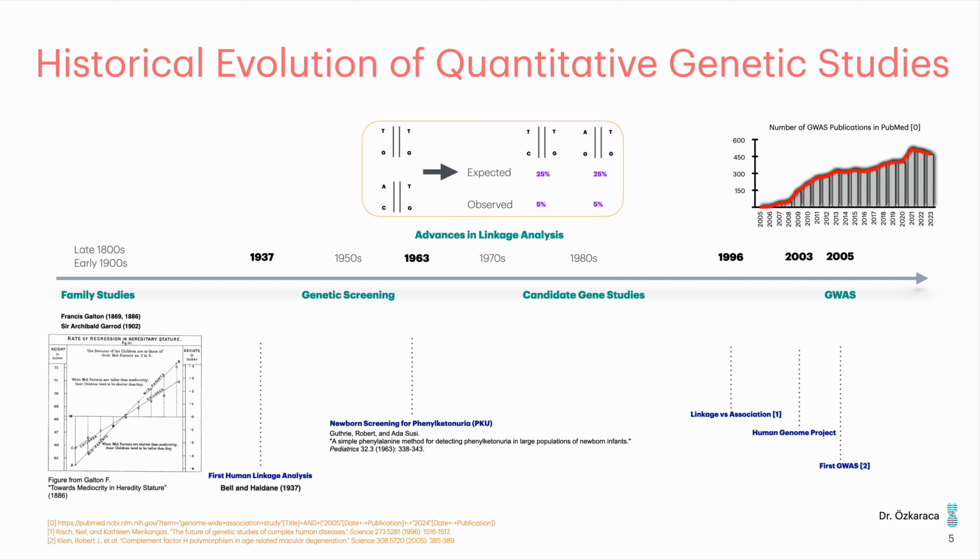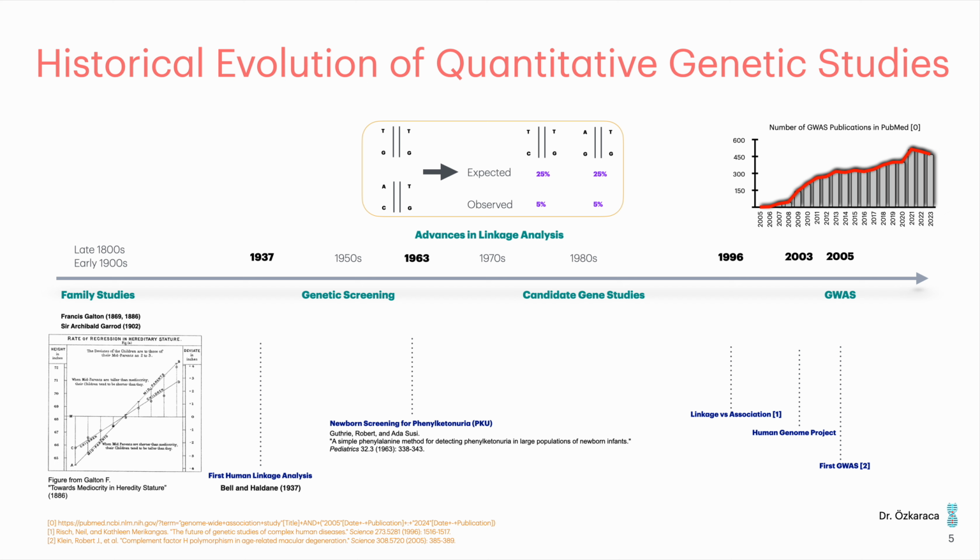Now, to understand how GWAS emerged, let's take a look at its historical development, which spans over a century. Everything begins in the late 19th and early 20th century with two pioneers, Francis Galton and Archibald Garrod. Galton, known as the father of quantitative genetics, studied the inheritance of traits like height by analyzing the relationship between mid-parent height, which is the average height of both parents, and child height.